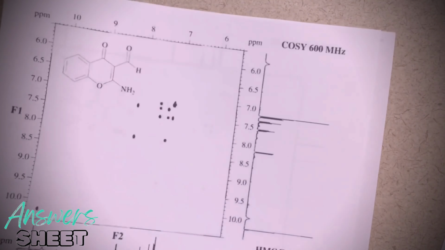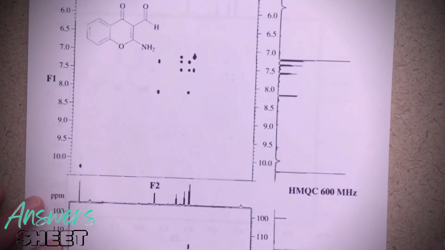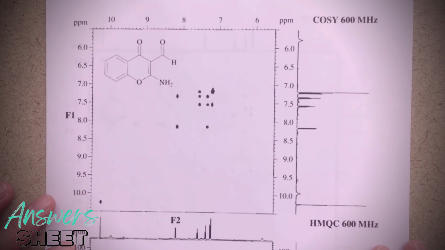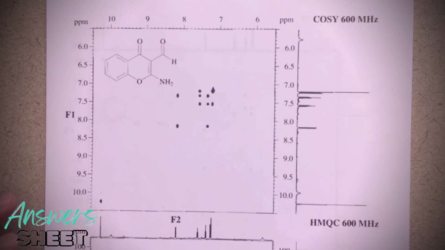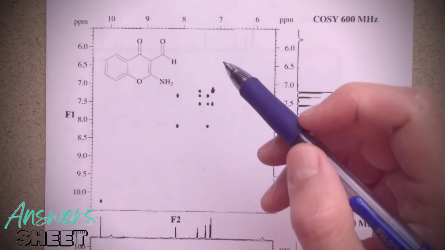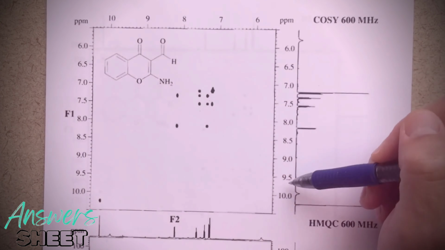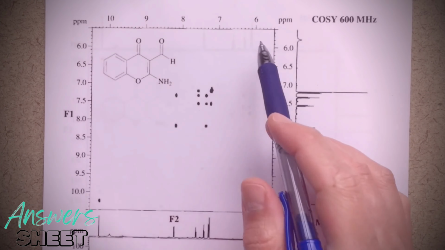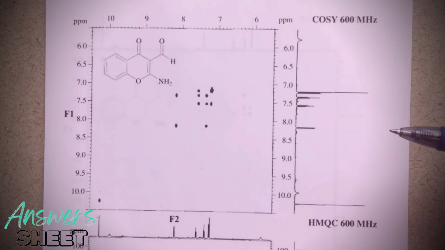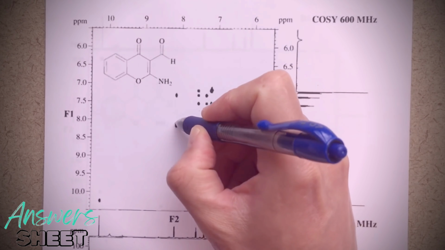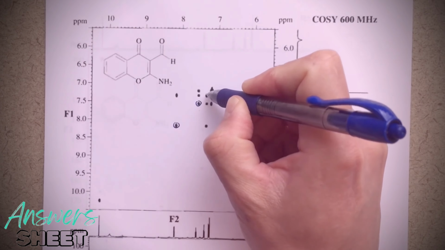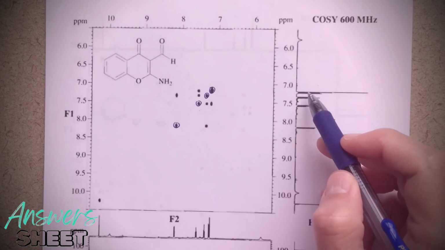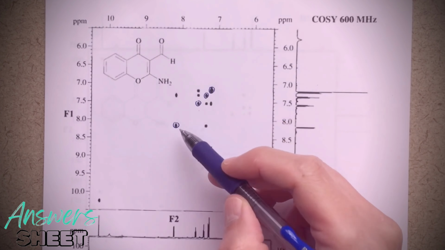All right, so let's move along to our COSY. The COSY is the most reasonable one to start with. So what the COSY is going to show us is the proton-proton coupling. And essentially on this axis, I've got my proton NMR. And on this bottom or top axis, again, I would have the same proton NMR. So the diagonal peaks, these peaks here, should just line up with our actual signal. So we're definitely going to be seeing those.